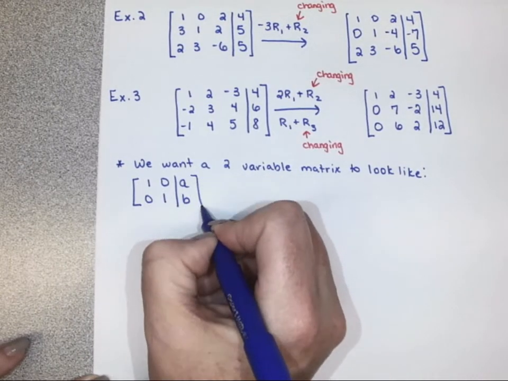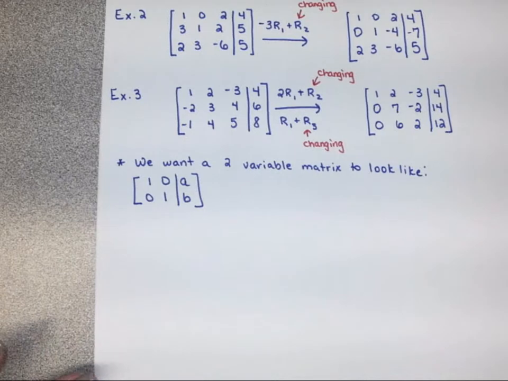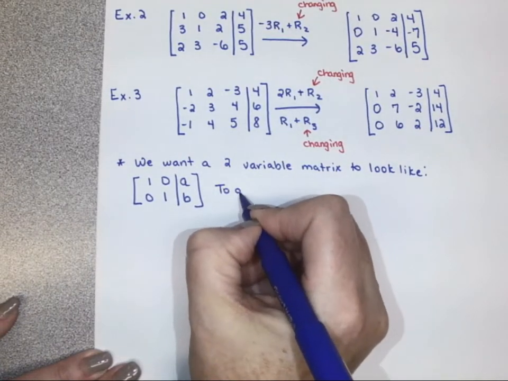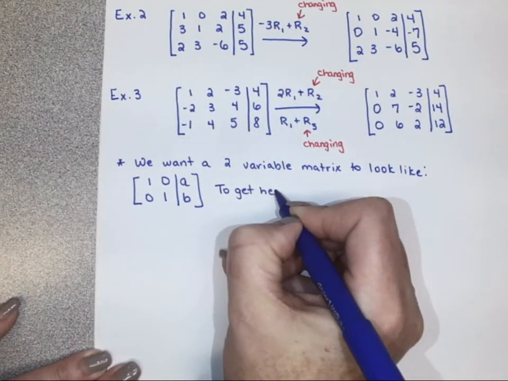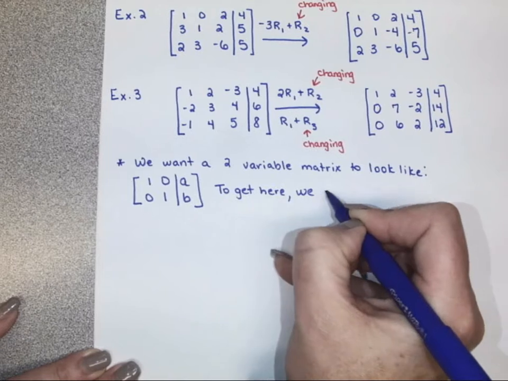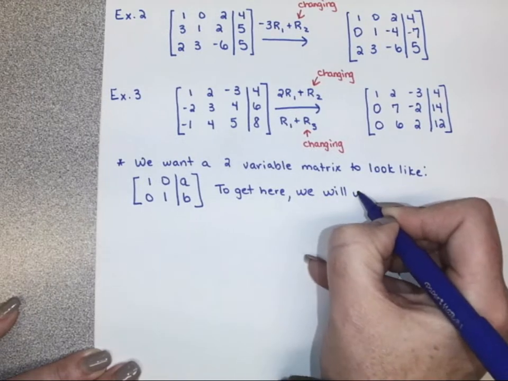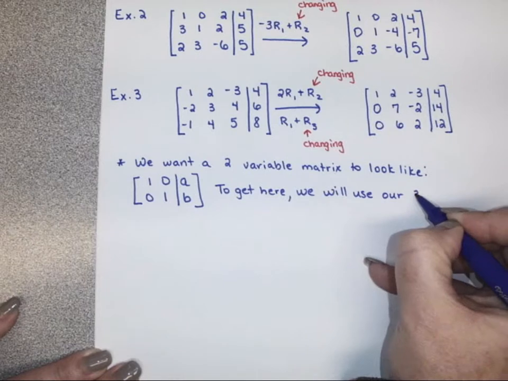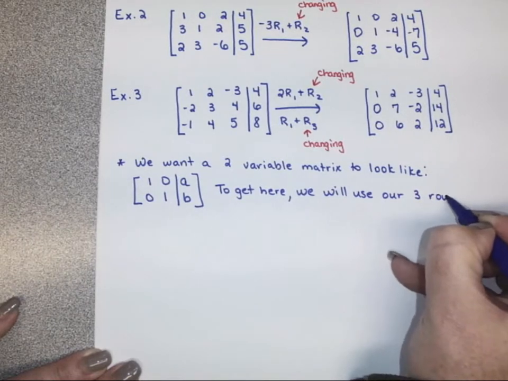So I'm just going to list them as A and B. Because if we can get them here, remember, we'll have our solution. So, to get to this point, we will use our row operations in some really specific ways.